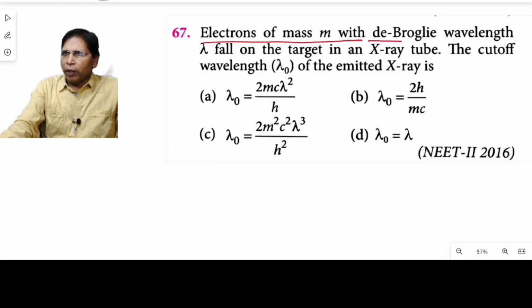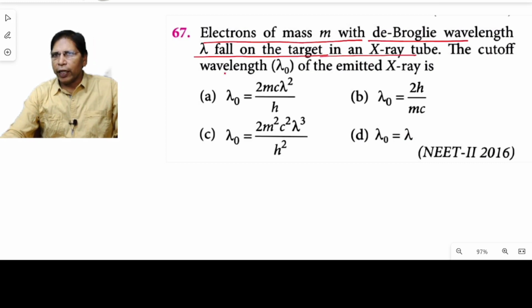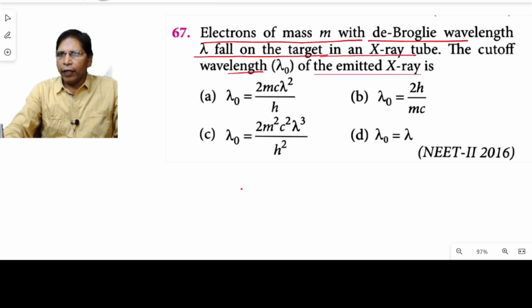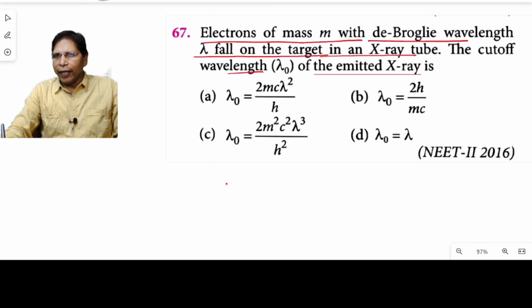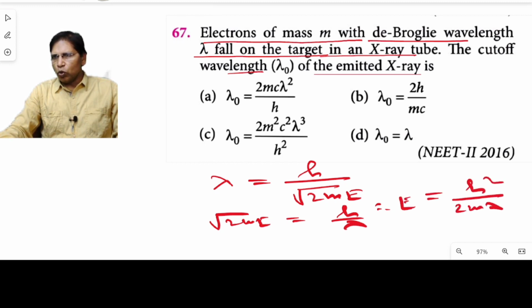An electron of mass m, de Broglie wavelength lambda, falls on a target of an X-ray tube. Find the cutoff wavelength lambda naught of the emitted X-ray. Here de Broglie wavelength lambda is h by root under 2mE. So root over 2mE equals h by lambda. Therefore, E equals h square by 2m lambda square.